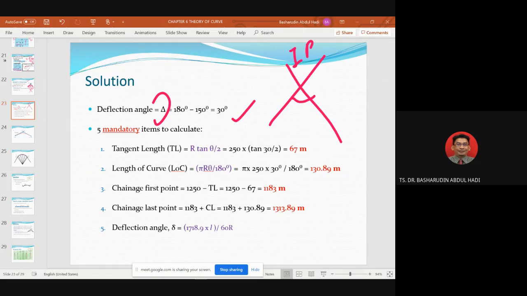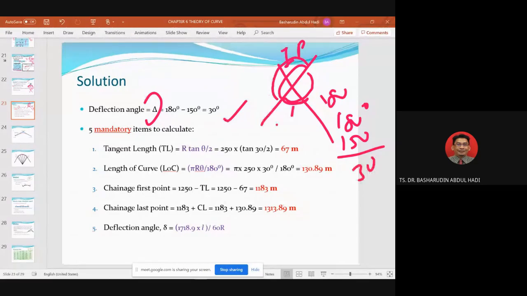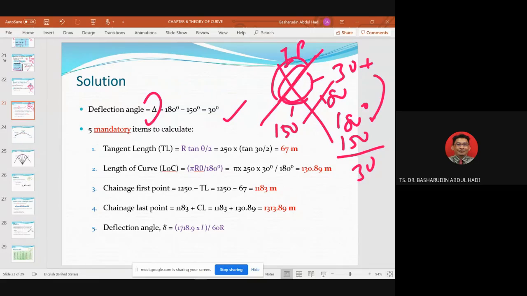We have 180 degree here, same like this. If this one is 150, then 180 minus 150 is 30 degree. If you plus these together you get 180 because it's in one straight line.